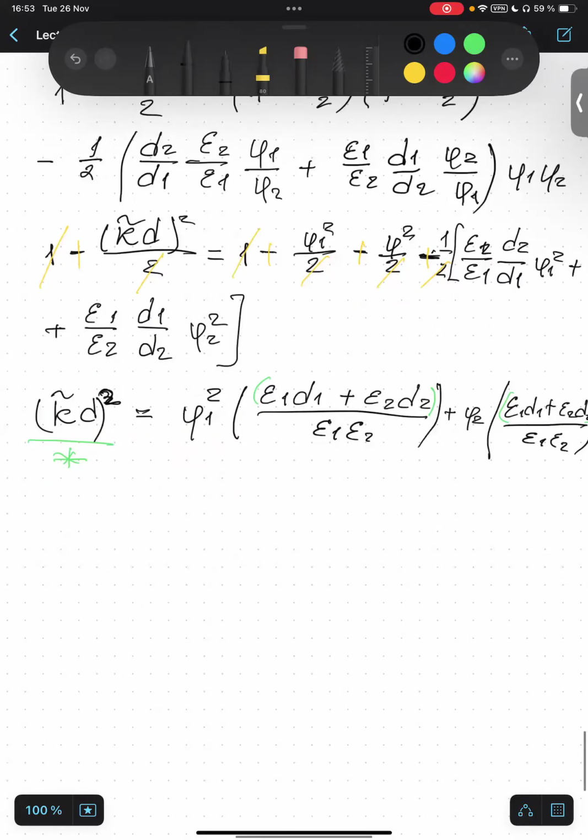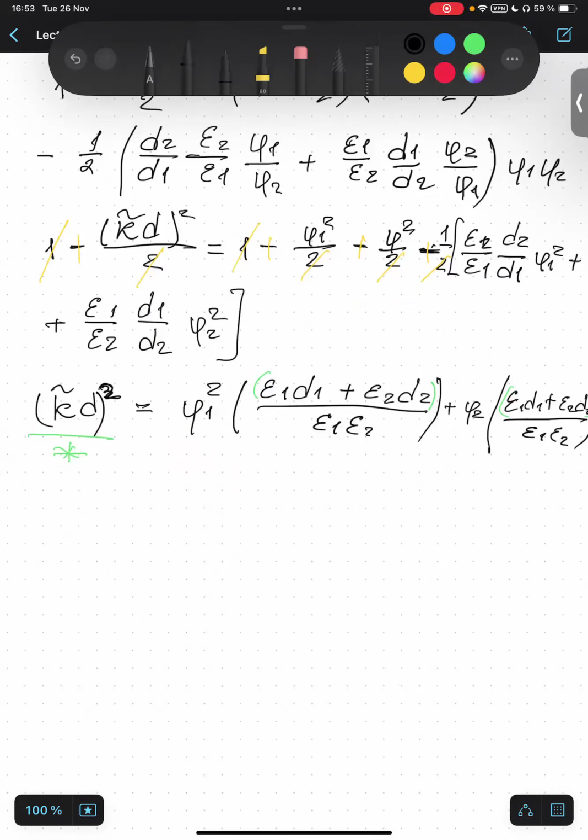What we'll obtain is k tilde, epsilon 1 d1 plus epsilon 2 d2.